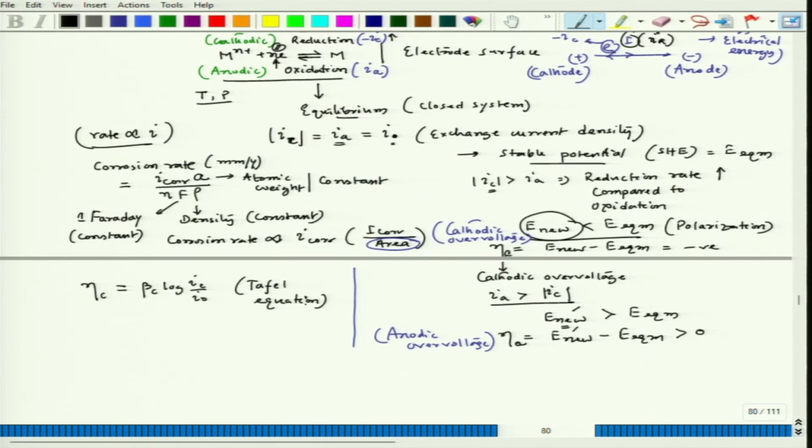This overvoltage can be quantified with the help of this Tafel slope, and this is the exchange current density, and this is the cathodic current density evolving due to the cathodic reaction, and this value is negative.